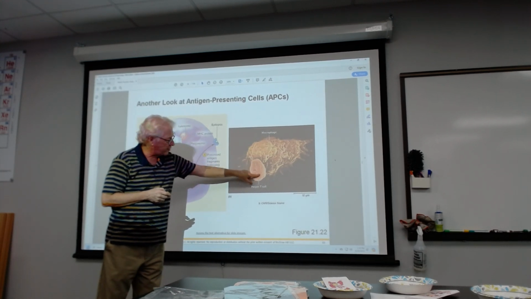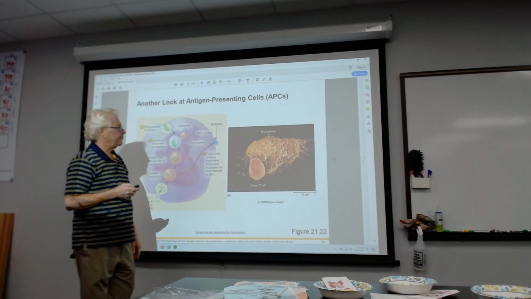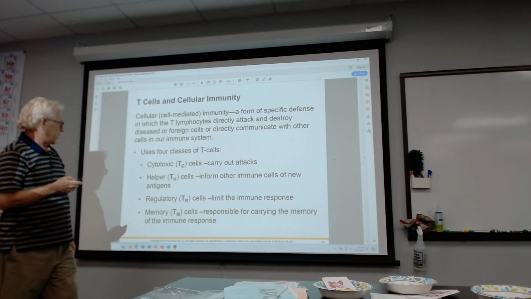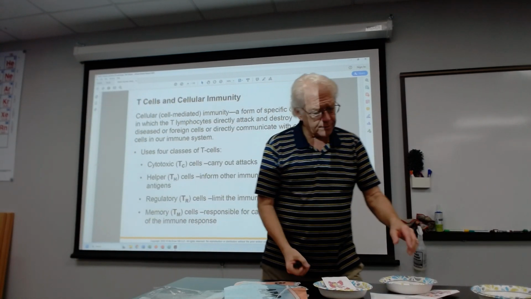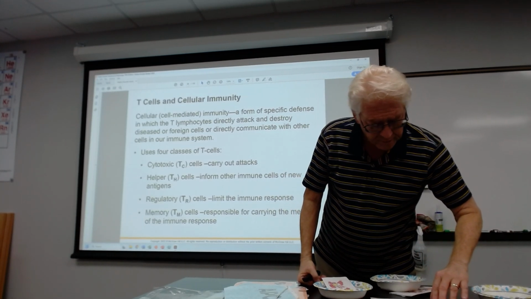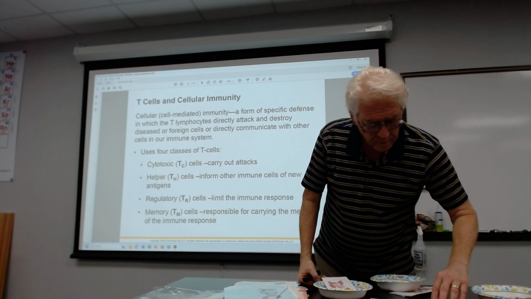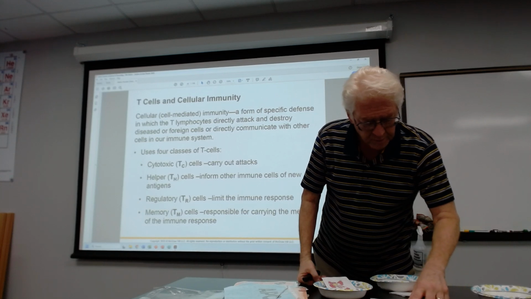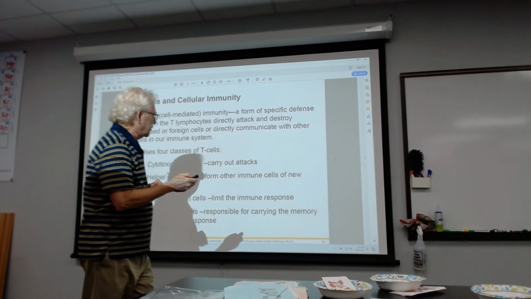Okay, there you go. There's a helper cell talking to a big eater. All righty, let's see, what else? What's the next thing we need? We got APCs, we got baskets. Okay, primary and secondary response. Okay, let's do primary and secondary response.